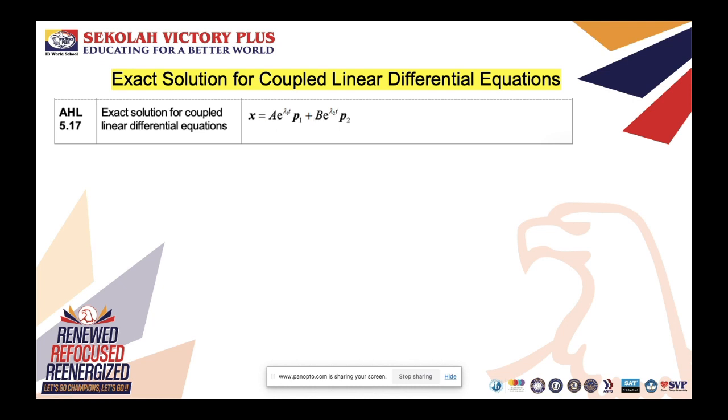Okay? So from there, let me just copy it before I go to Jamboard. So the general equation would be x equals A times e to the first eigenvalue t, and then the eigenvector, plus B times e to the second eigenvalue t times the eigenvector.